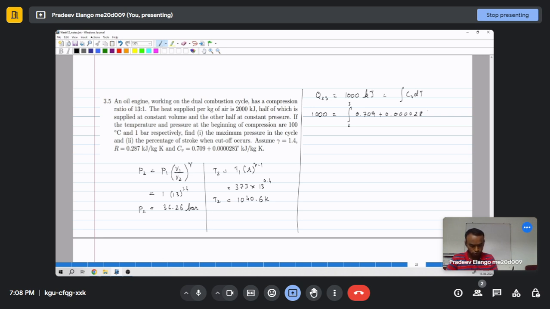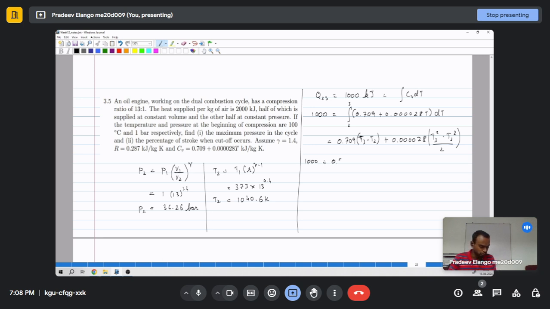0.000028 T dT. So now after integrating, we will have 0.709 (T3 minus T2) plus 0.000028 (T3 squared minus T2 squared). Here T2 is 1040.6 Kelvin.